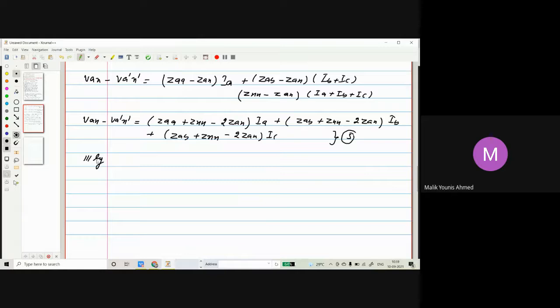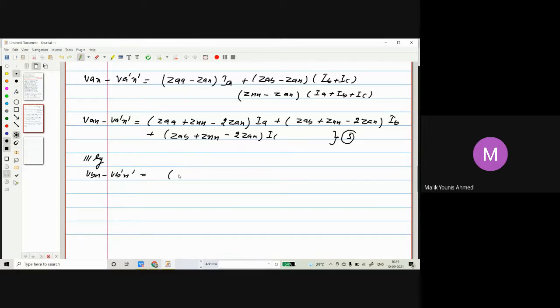Similarly, what we are going to do, VBN minus VB dash N dash will be written as ZAB, sorry, here it's a mistake. I think this should not be, yeah, because this A phase, it will be ZA. Somewhere we should get here ZA, yeah, second term we'll get.